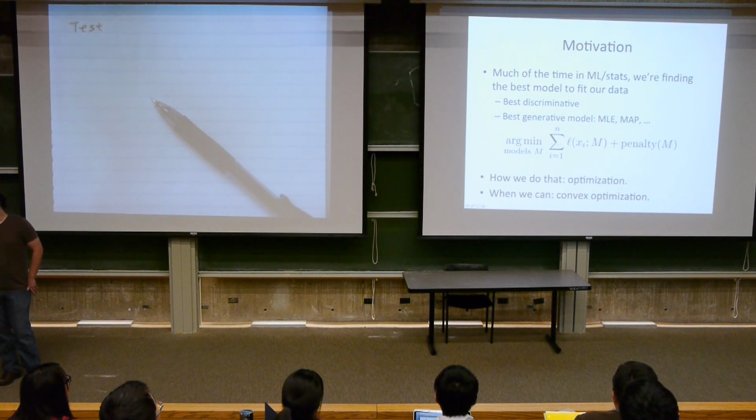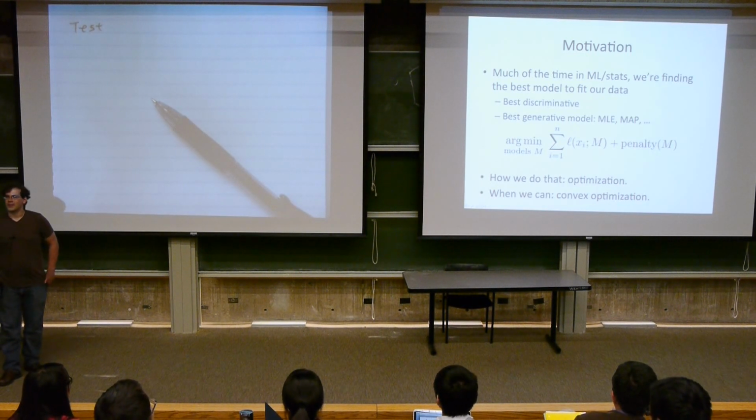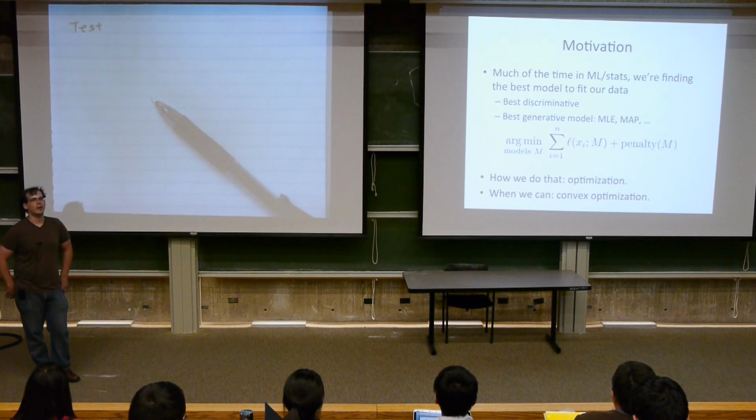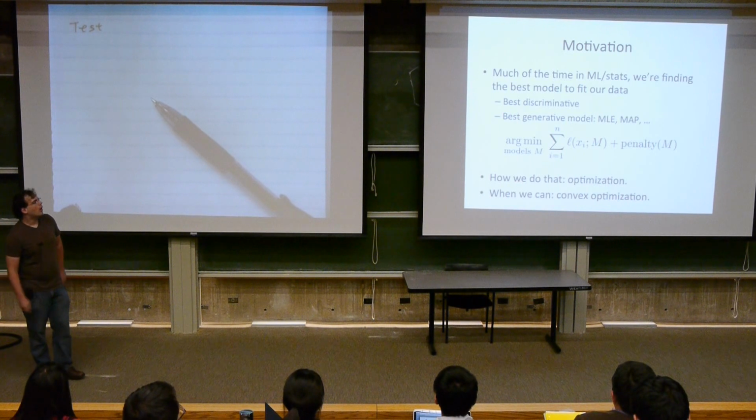Okay, and so the way we do this minimization is optimization, which makes sense. Optimization means minimization or maximization. They're the same thing. You just negate the thing you're minimizing and then you're maximizing. So when we can, we like to do convex minimization or concave maximization. They're the same thing.